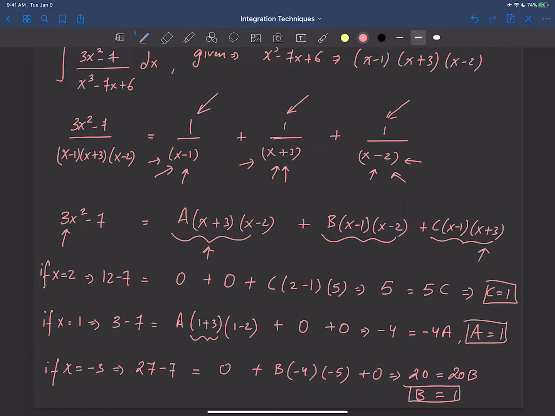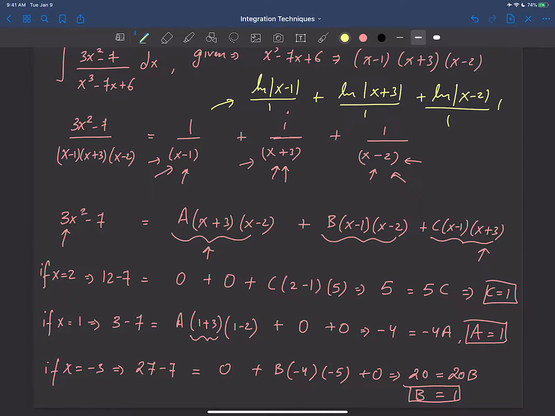So the answer, I'm going to write it in yellow: ln of x minus 1 divided by the derivative of x minus 1, which is 1, plus ln of x plus 3 divided by the derivative of x plus 3, which is 1, plus ln of x minus 2 divided by the derivative of x minus 2, which is 1, plus c. So that is the answer.